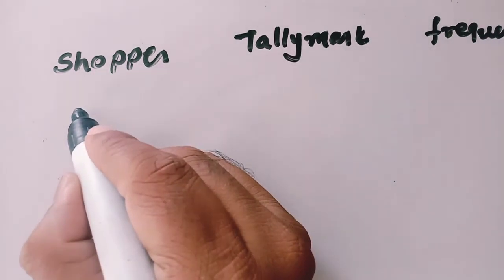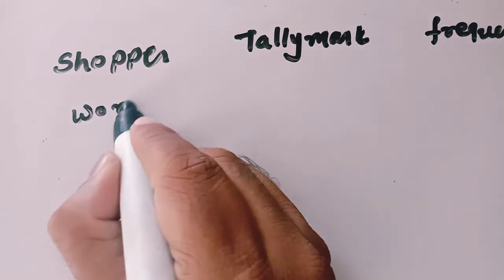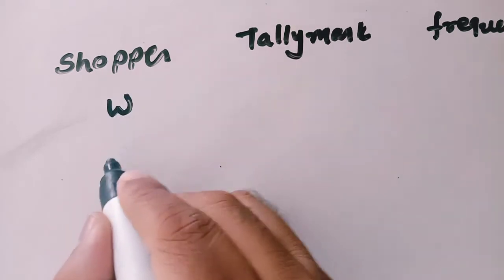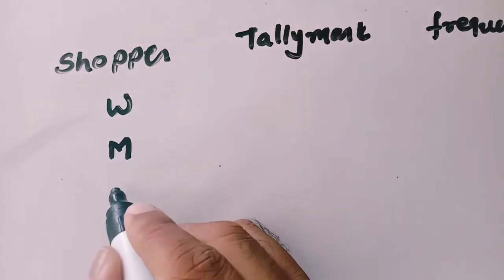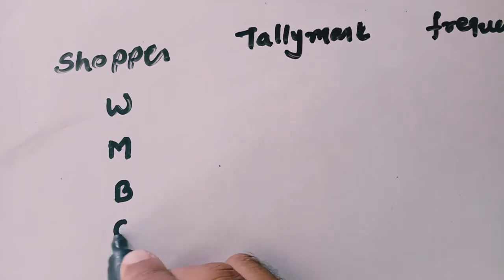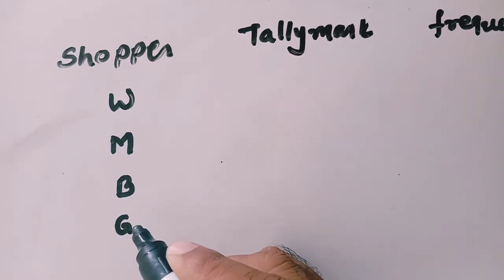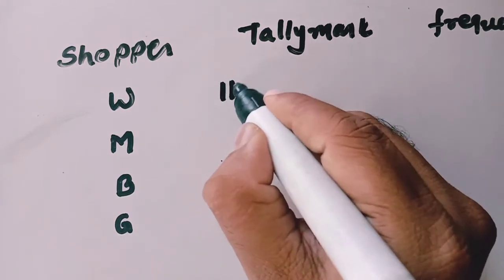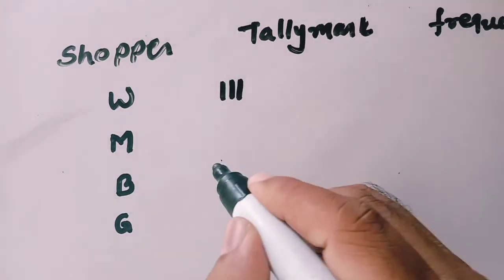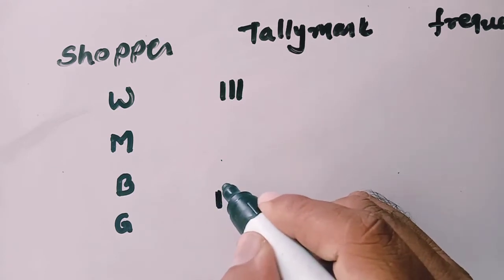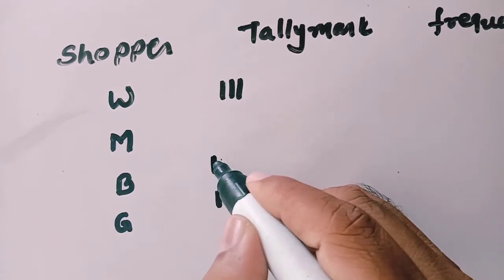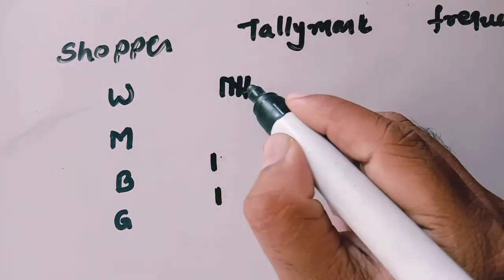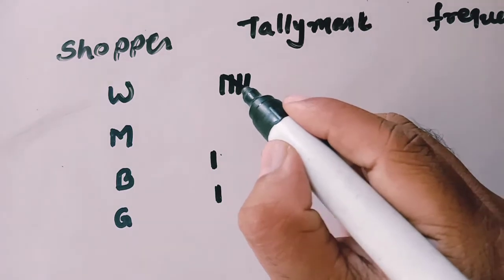For shopper we have the 4 kinds of persons: woman, for that W is given, then man, then boy and girl. We start doing tally marks. The first 3 persons are women, so 3 lines. Then girl, boy, woman, the 5th woman, so we make the line and one group.